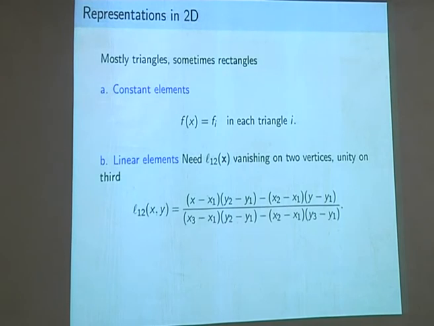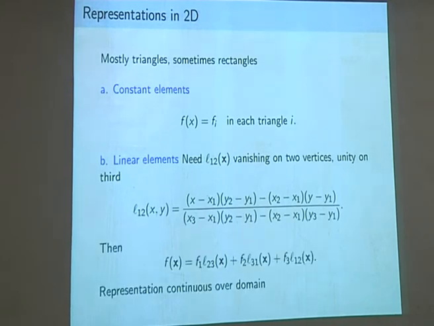So now I've got a linear function, and there are 2 other functions. There's a little l_{2,3} and a little l_{3,1}, which are each in turn equal to 1 at 1 vertex and 0 at 2 vertices.